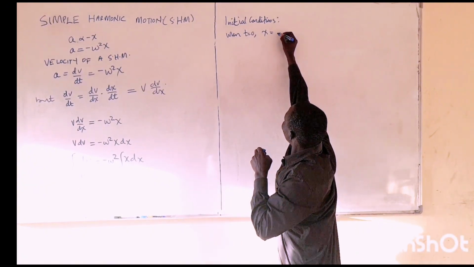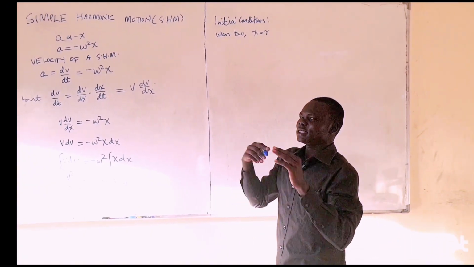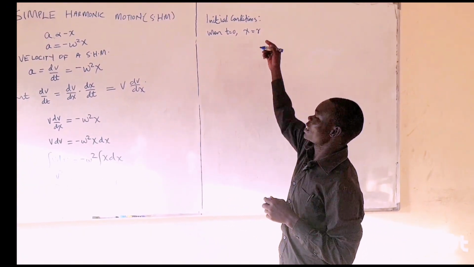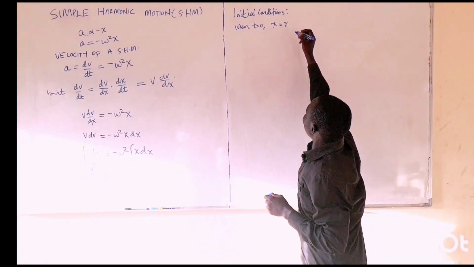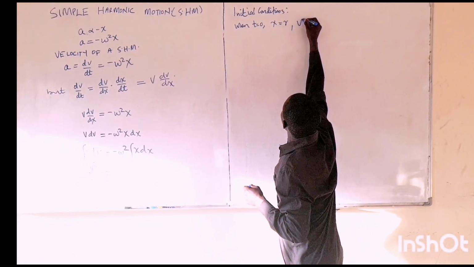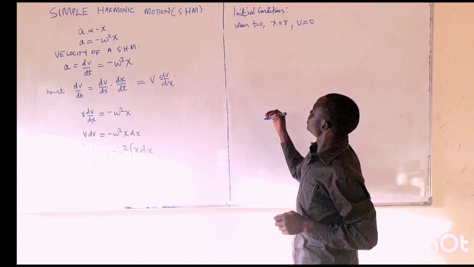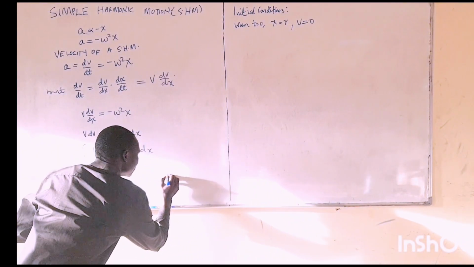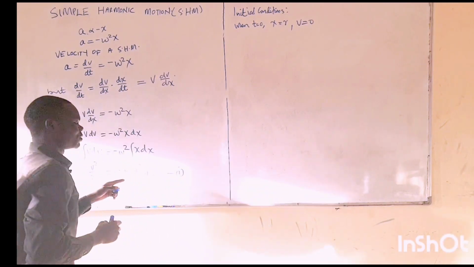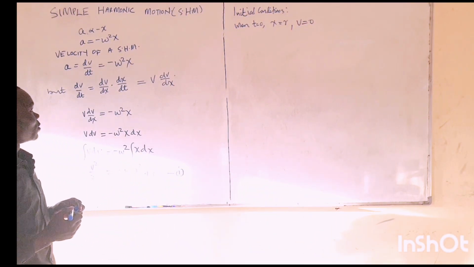Sometimes we usually put it to be r. When it is in circular motion, we call this r the radius of the displacement, and of course v is going to be 0. So we substitute this in our equation, let's say equation 1, for us to get the value of c.